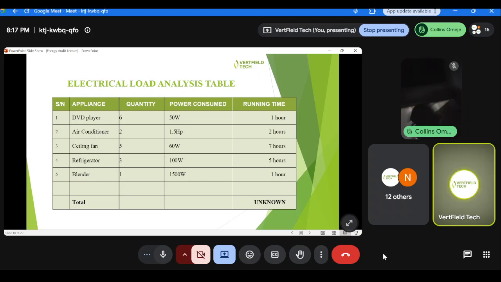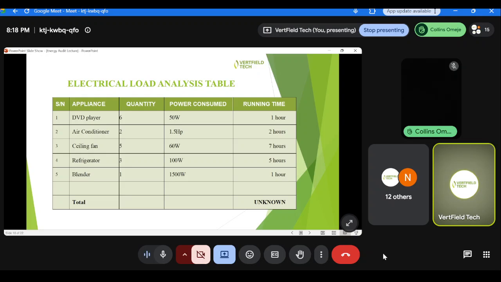So now it is complete. Therefore, we have to do the system design to know the energy consumption of these five appliances. Mr. David intends to power up the DVD player, the air conditioner, the ceiling fan, the refrigerator, and the blender.